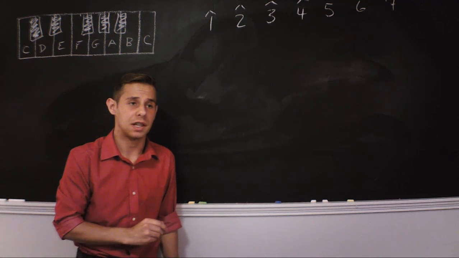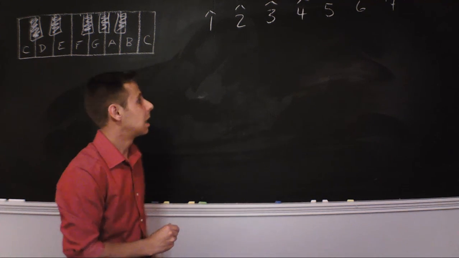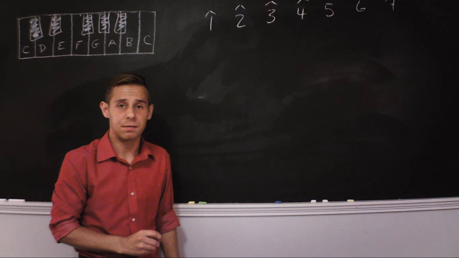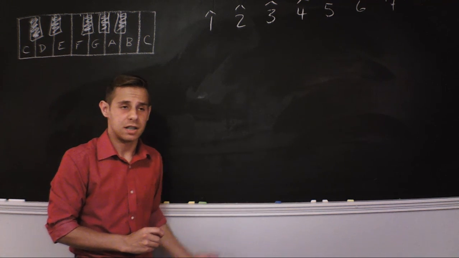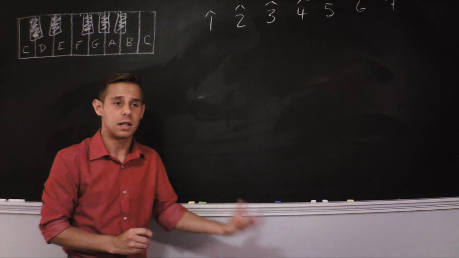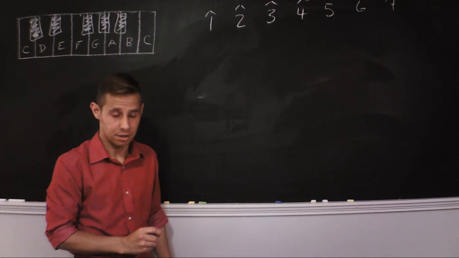So we are going to use that as our starting point for constructing the minor scales. And we're going to start with the natural minor. Now for convenience, we're going to stick in the key of C, and we are going to be writing the natural minor, C natural minor, which is the parallel minor of C major.